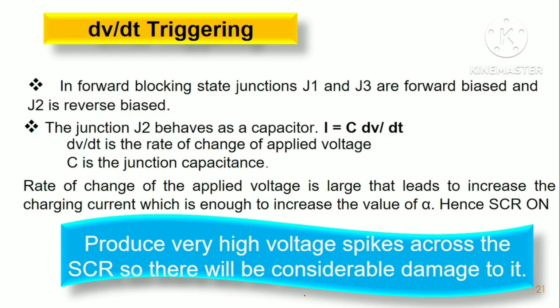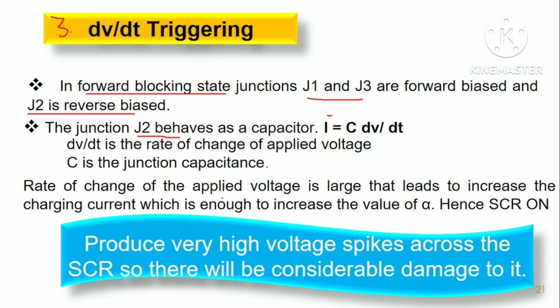The third method is the dV by dt method. If the SCR is forward biased, junctions J1 and J3 are forward biased and J2 is reverse biased. This J2 junction acts as a capacitor. For the current through a capacitor, we have the equation i equals C dV by dt.